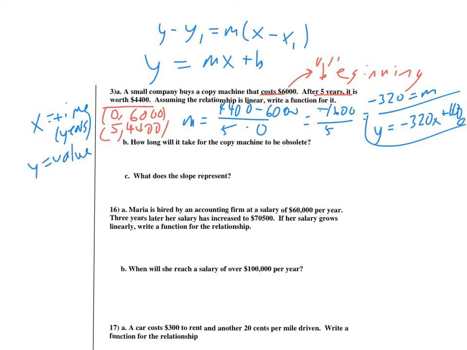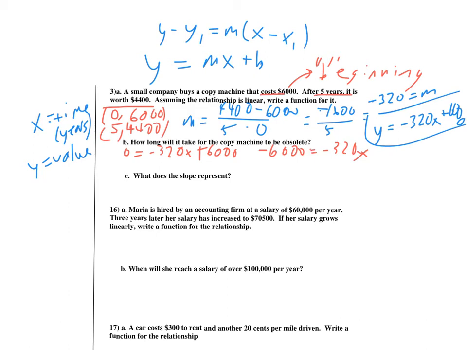Then it says, how long does it take for the copy machine to be obsolete? Obsolete kind of means worthless, so for worthless, I'm going to say that the value is 0. So 0 equals negative 320x plus 6,000. Then I'll subtract the 6,000 over, so negative 6,000 equals negative 320x.